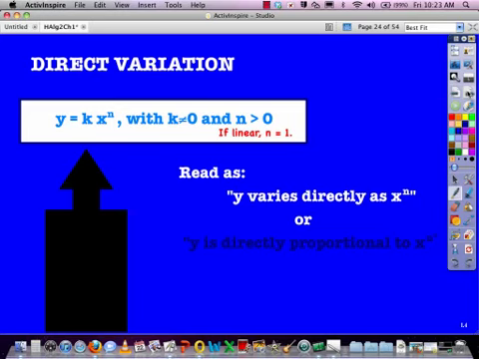If we stick with the chapter discussion, which has been all basic linear equations, then we want to focus on the equation y equals kx to the first, and we usually write that as just y equals kx.